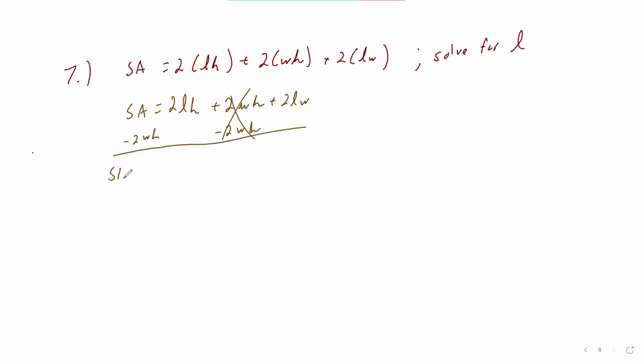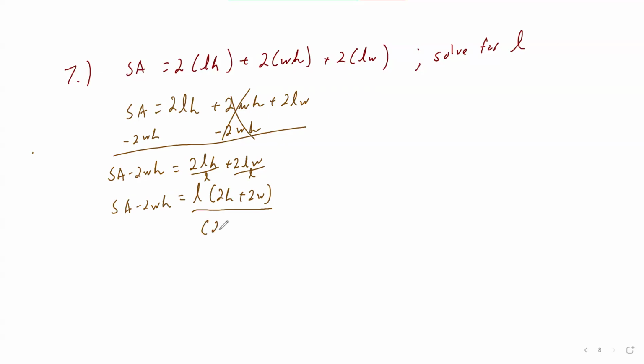So that's going to be SA minus 2WH. And now I'm going to factor out an L because they both have an L in common. And when I do that, I'm left with 2H plus 2W. Now this is technically being multiplied to L, so to get rid of it, I'm going to divide it.